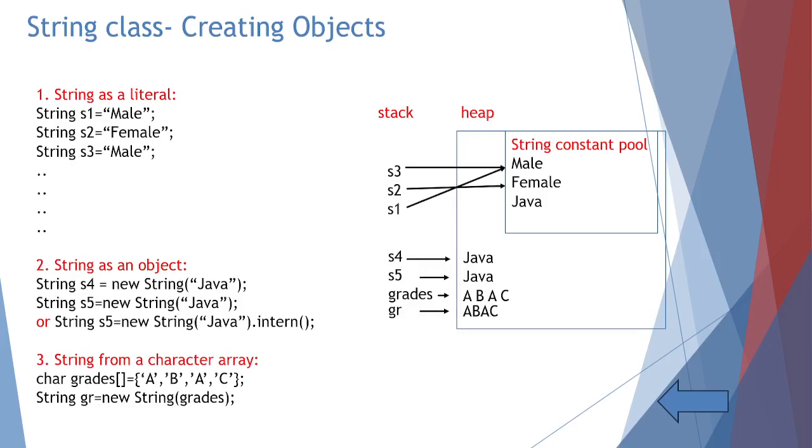String gr is equal to new String grades. We are sending an array as a parameter, and it is the constructor which takes it and converts it into a string, storing it in the heap area. gr is the ABAC string. This is how we create string objects as a literal, and as an object using the new operator from a character array.